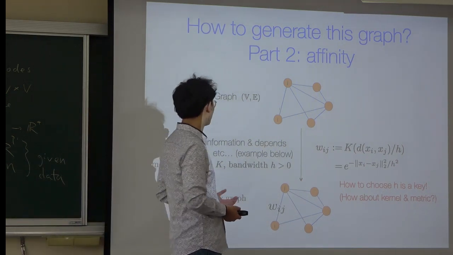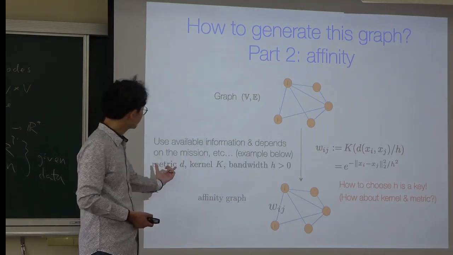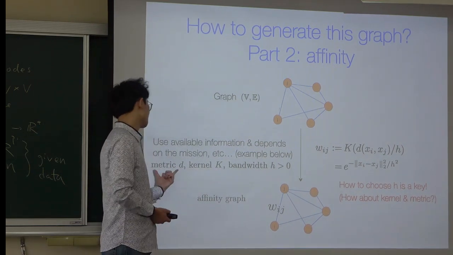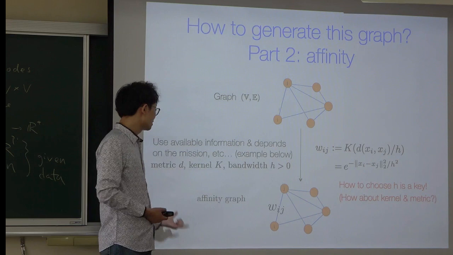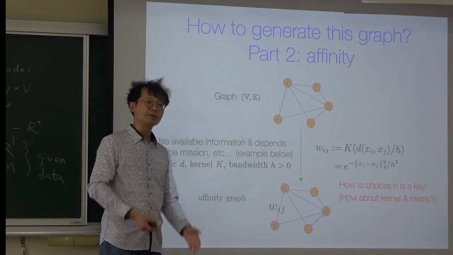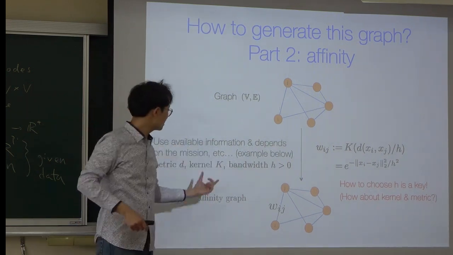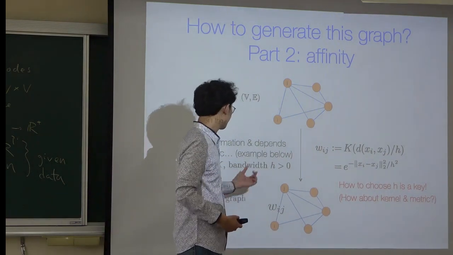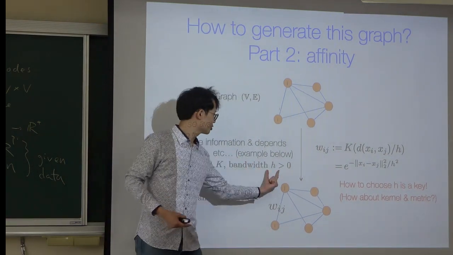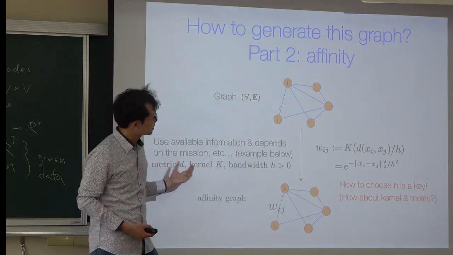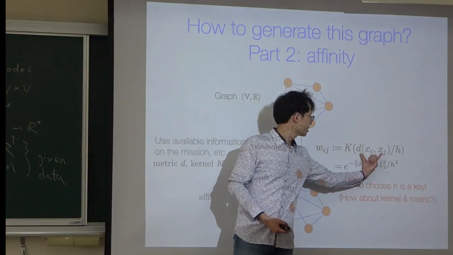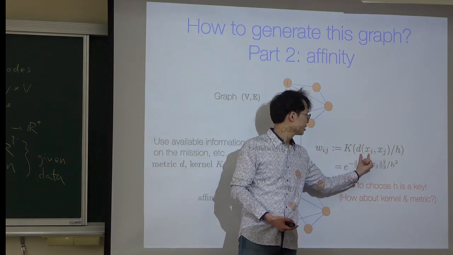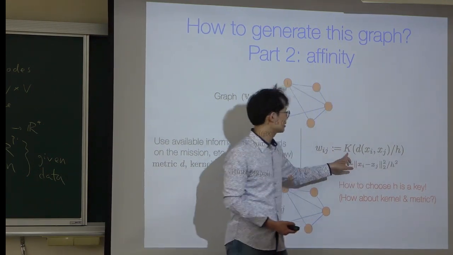And usually, what we do is we will take not only a matrix that is given, or this matrix can also be designed or be given, and you take a kernel, and the kernel is usually a decaying function, a Gaussian function, with sufficient regularity, and you have some bandwidth h. And what you do is you just say, hey, if two points have distance d, then you divide it by h and apply kernel k.